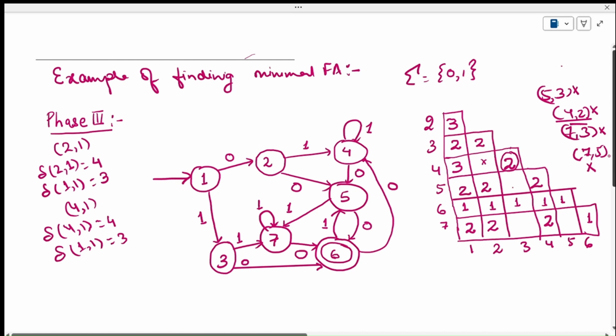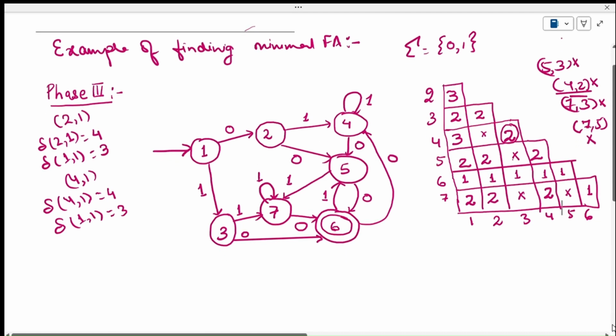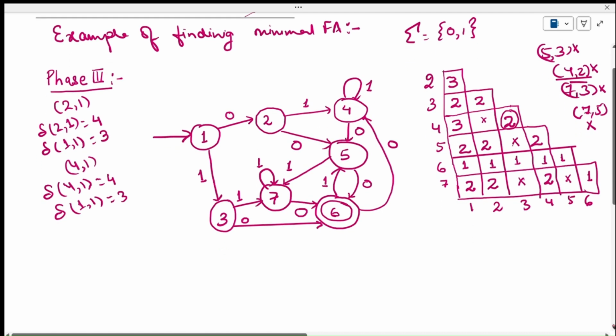So now 5, 3 is unmarked. 7, 3 is again unmarked. 7, 5 is also unmarked. Now we will stop the algorithm and we will make the diagram for this table. Now perform the union operation. Which states are going to be merged together?